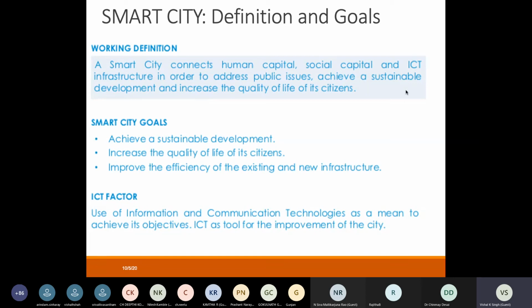So this low cost and low power consumption sensor technology has been a primary driving factor in popularizing the idea of IoT in the current scenario. We are seeing more and more applications of IoT devices in the current scenario.